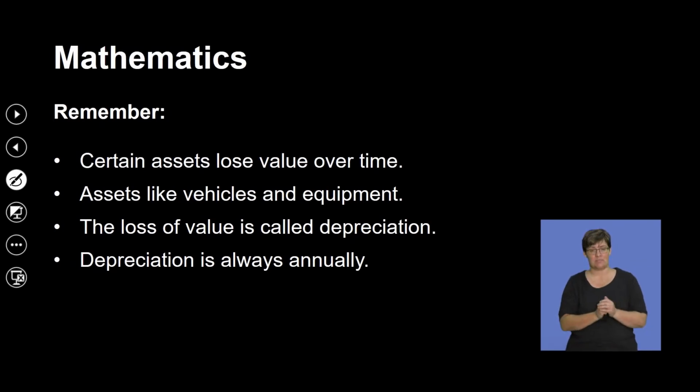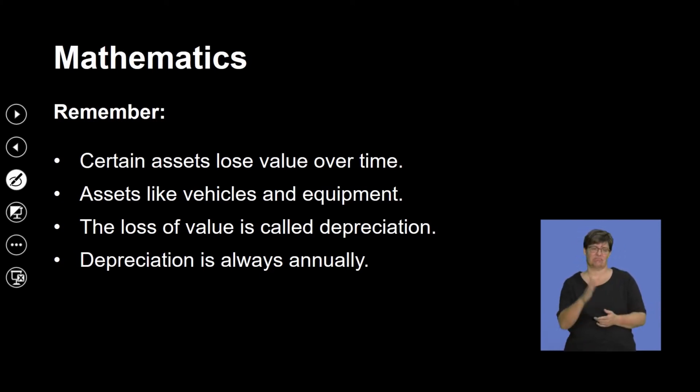Also, you need to remember that certain assets normally actually lose value over time. A car that I bought at 20,000 today, tomorrow definitely it will not be worth 20,000. It will be worth way less than that. Also, these assets are normally like vehicles and equipment.